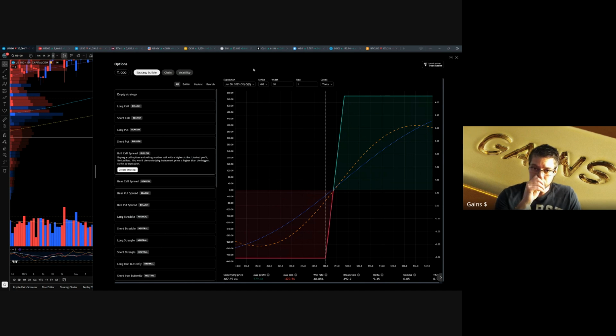But long story short, with something like a bull call spread, while we're waiting, you don't have all of that theta burn that's going to destroy your original position. Let's say you buy a weekly option, you're losing hundreds of dollars a day in theta burn. Let that be somebody else's problem.